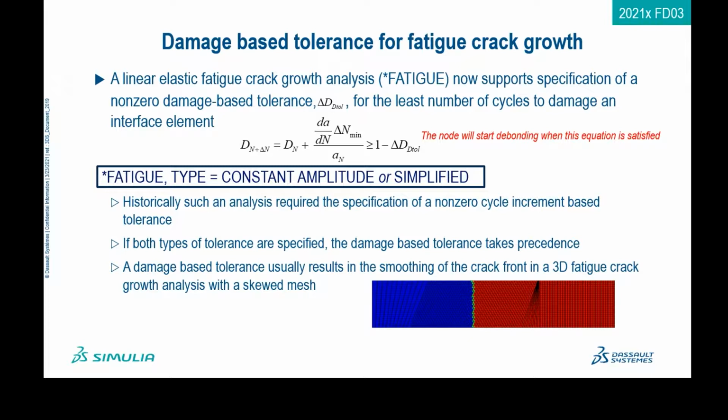Historically, such an analysis required specification of a non-zero cycle increment-based tolerance. If both types of tolerance are specified, the damage-based tolerance takes precedence. A damage-based tolerance usually results in the smoothing of the crack front in a 3D fatigue crack growth analysis with a skewed mesh.